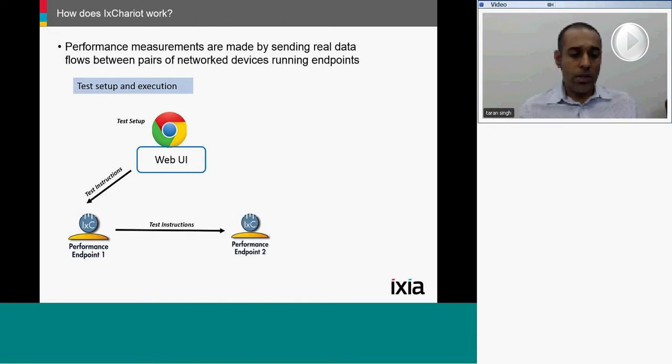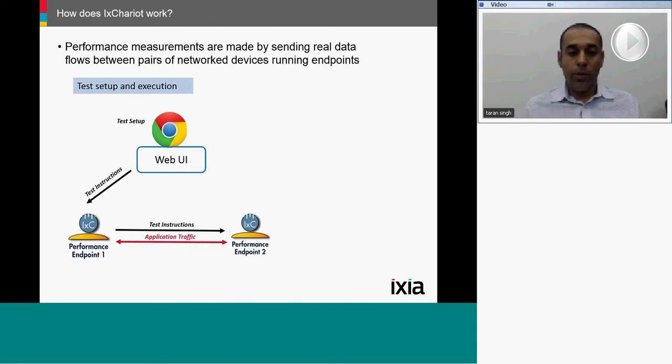And then the test instructions are shared between endpoints, which really comprise what we call pairs. You can think of pairs as simply a pair of conversations. So if you and I are having a conversation, that's a pair. Or between two network devices, that would be a connection that's established and traffic that runs over it.